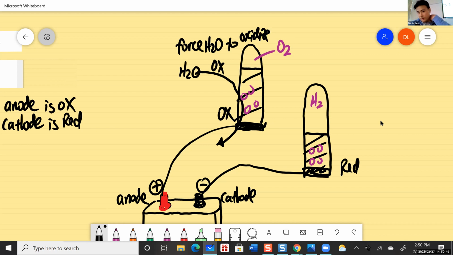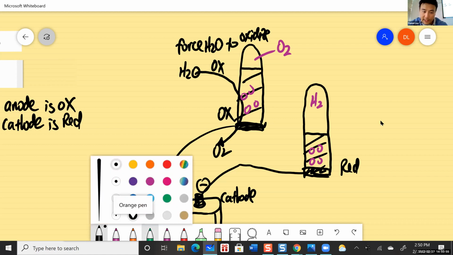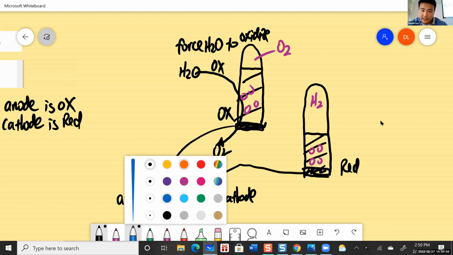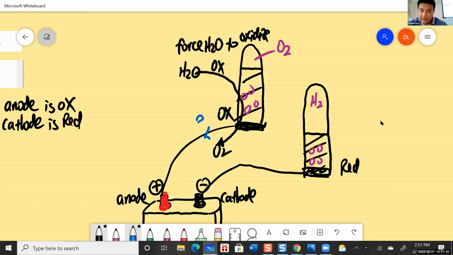Okay, so you produce oxygen. So what's going to happen is that the battery literally is pulling electrons. It's pulling electron from water. So the electron that travel in the wire from water, okay, will now go through the battery and it's going to go to the cathode, okay?